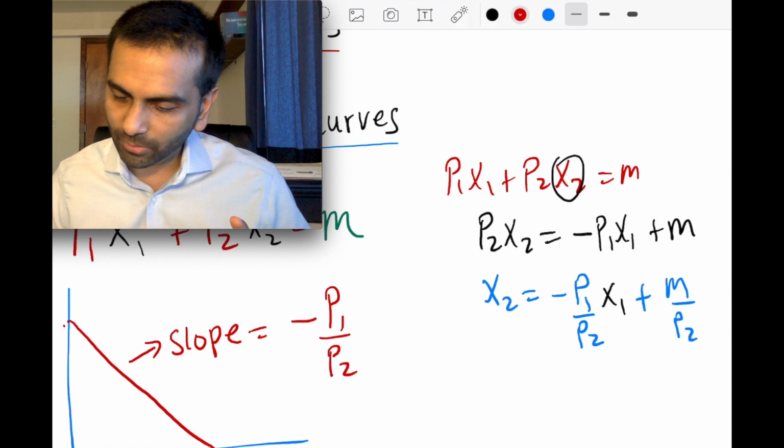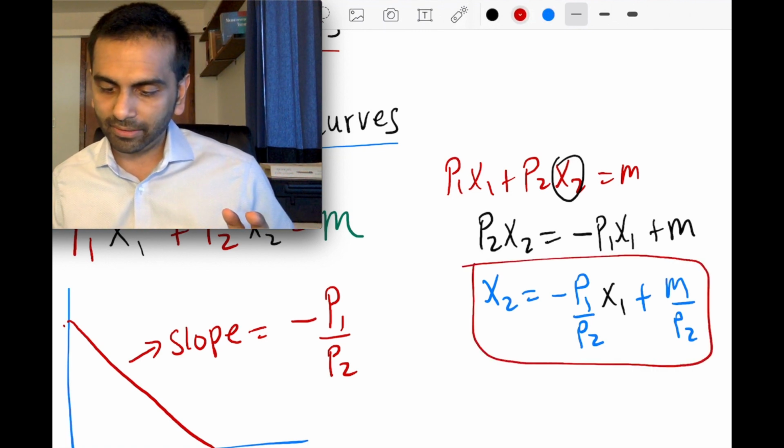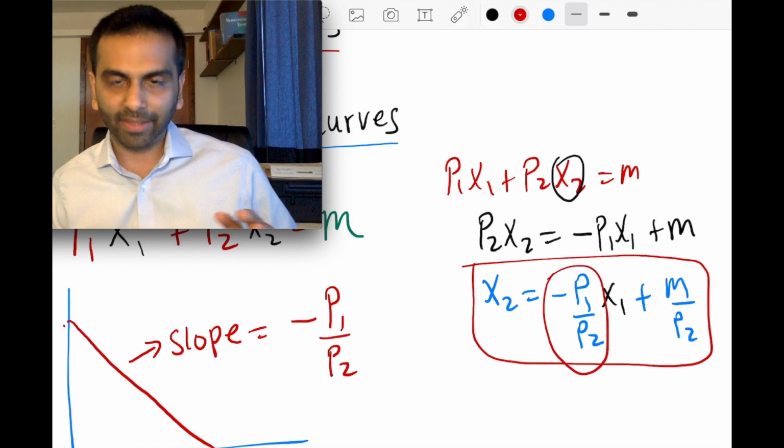So looking at this equation, now it's pretty clear that the slope here is negative of the price ratio, and that's sort of why.